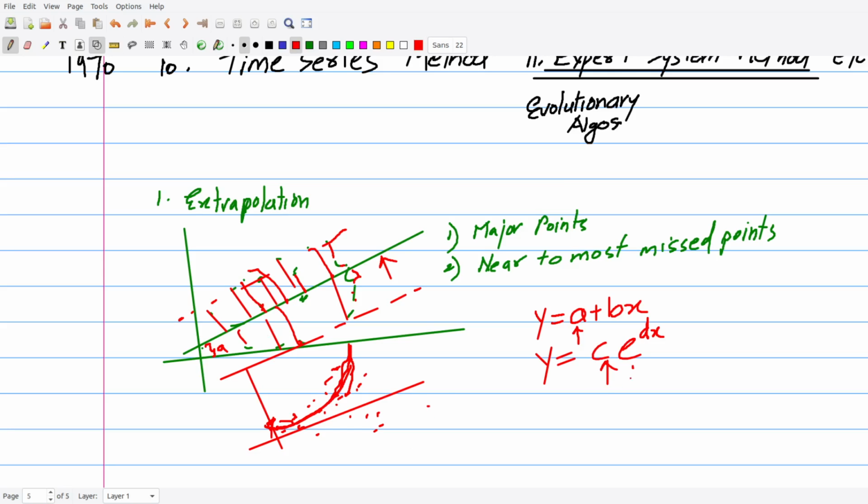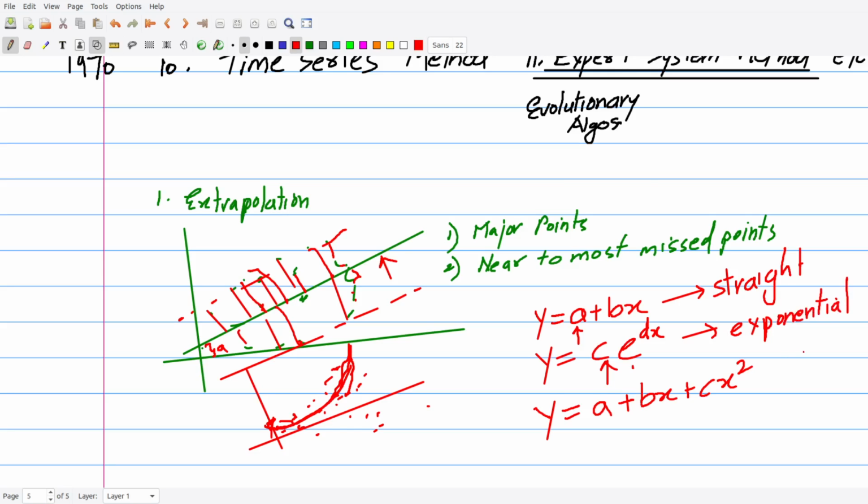The third curve fitting technique is y equals a plus bx plus cx squared. This is called quadratic. I will write in front of it: this is a straight line, this is exponential, this is quadratic, or you can say parabolic, and the last one, y equals a plus bx plus cx squared plus dx cubed.